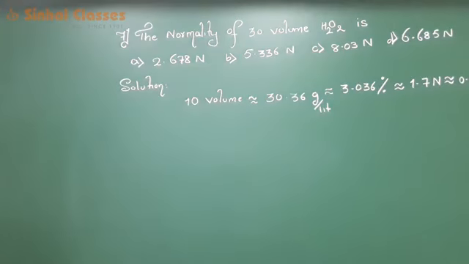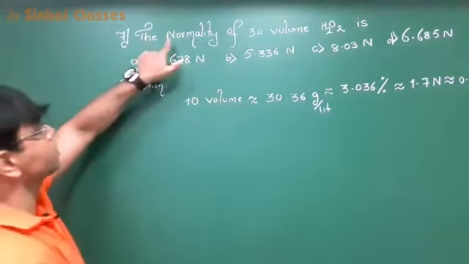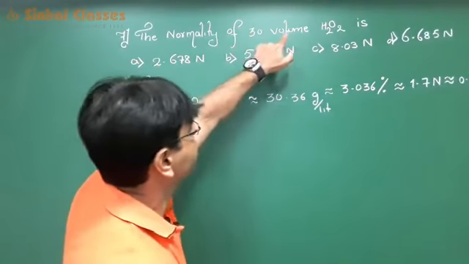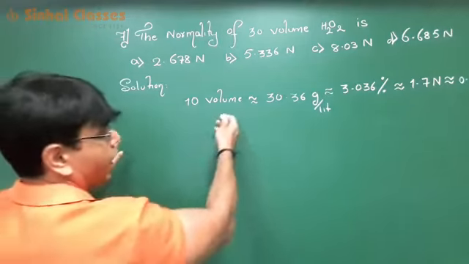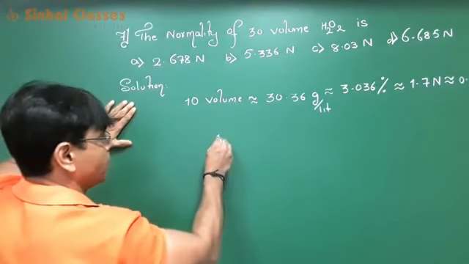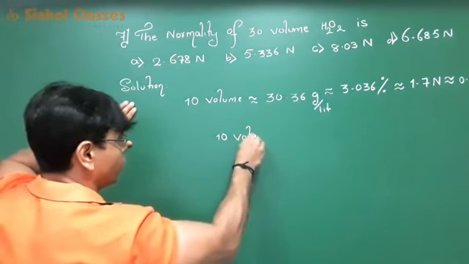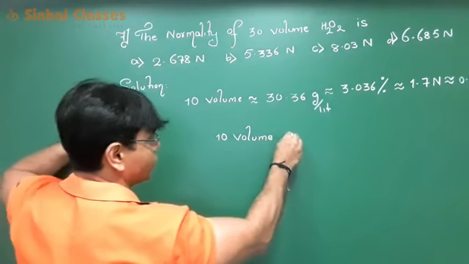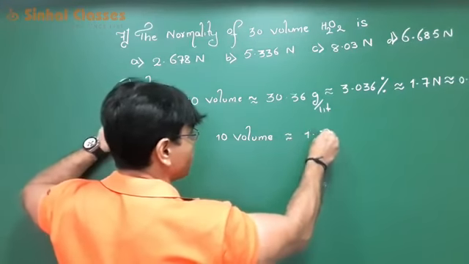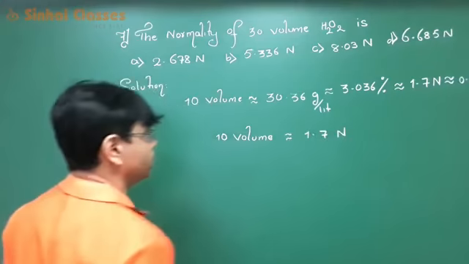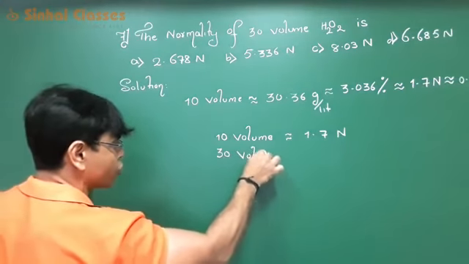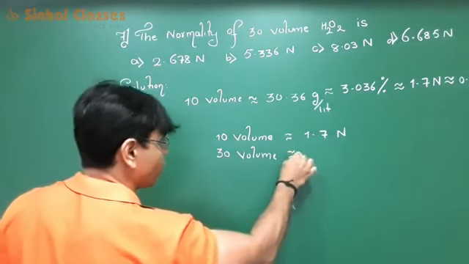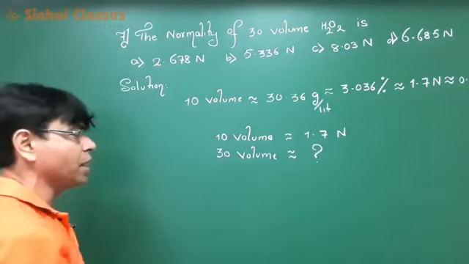Now look at the question. You are asked to find the normality of 30 volume strength of H2O2. Take the relationship: 10 volume strength corresponds to 1.7 normal, and they are asking for 30 volume strength.